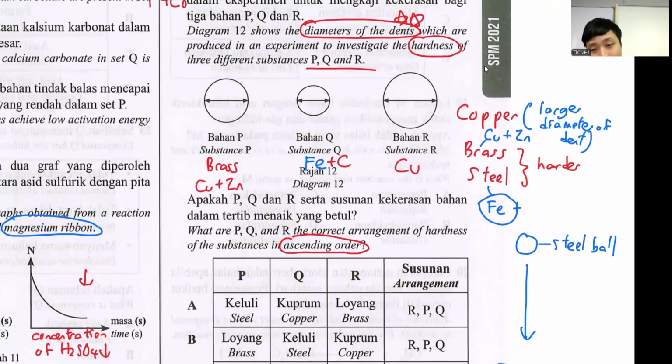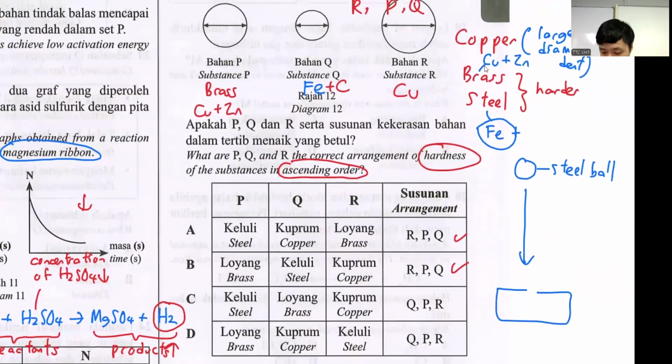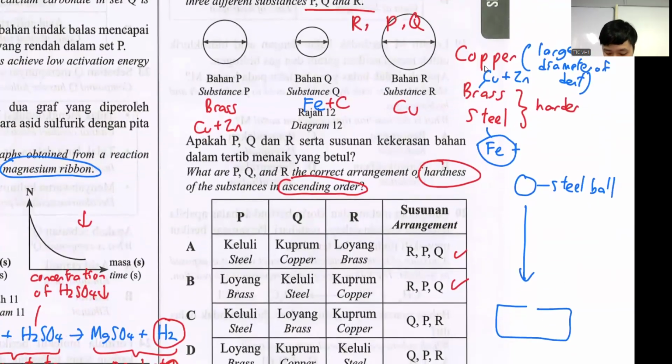So the best answer is the hardness in ascending order, from not the hardest to the hardest. Not the hardest is R, followed by P, followed by Q. R, P, Q. R is copper, so the answer is B.